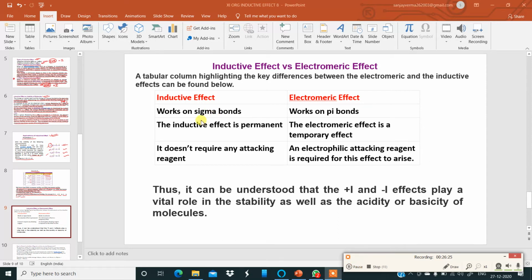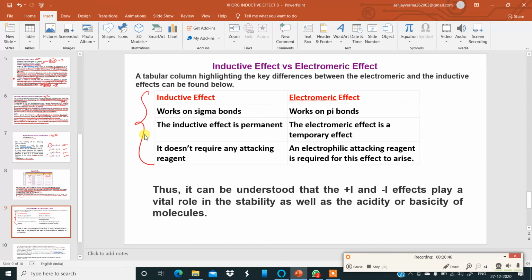Till now we have got a lot of information about the inductive effect, and the electromeric effect is the second electron displacement in covalent bonds. So let us compare this and remember them.